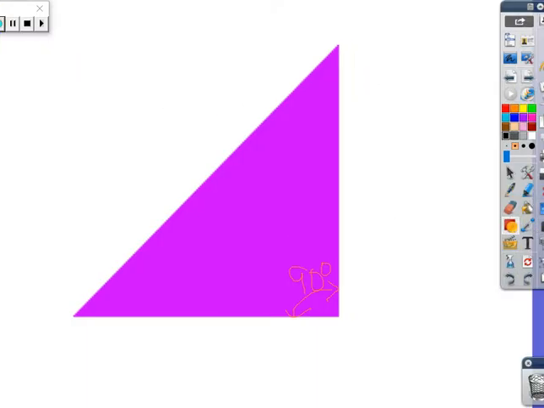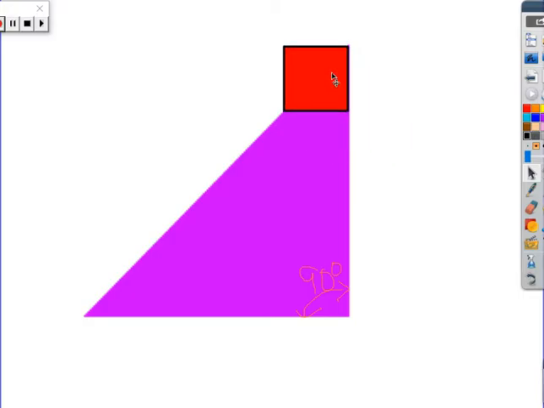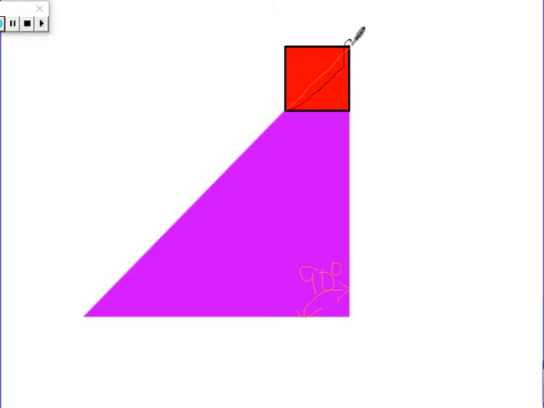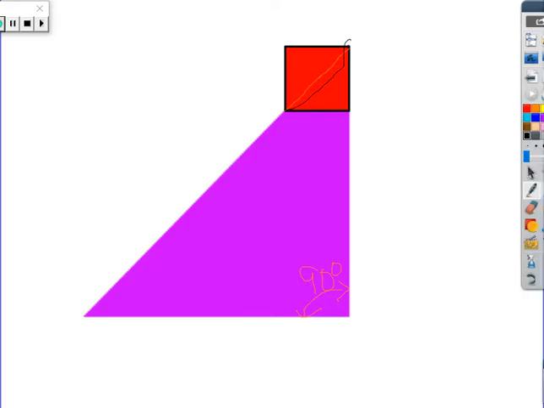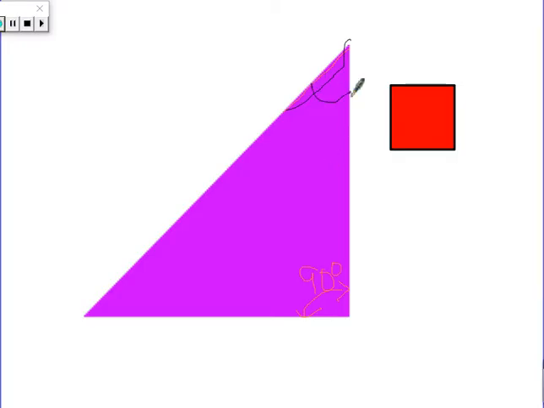Well, if we took even our right angle that we had, I noticed that if I put that there, it is directly in half, and half of a right angle, or half of an angle, is 45, because 45 plus 45 is 90.